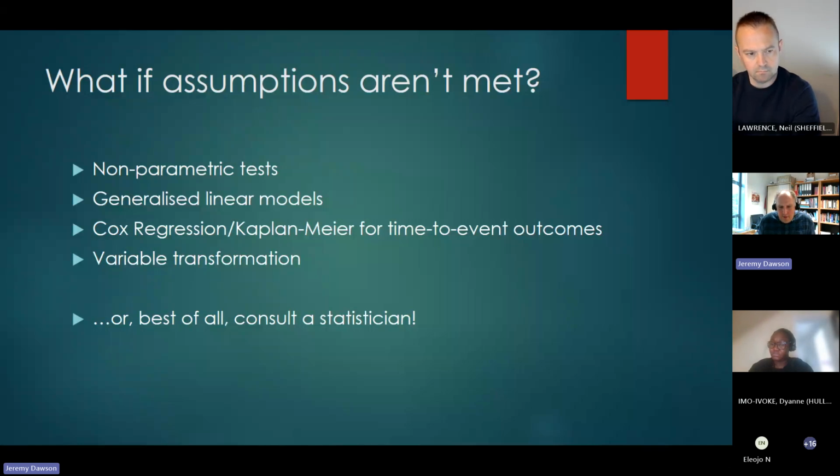And as I said earlier, if we've got a large enough sample, then we may be able to get around some of these assumptions in any case. But you do want to choose the right type of model for the type of data that you've got. And of course, if you're still in doubt, or even if you aren't in doubt but want some confirmation, then consulting a statistician is generally the best thing to do.